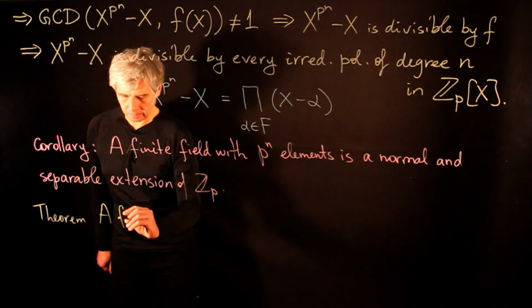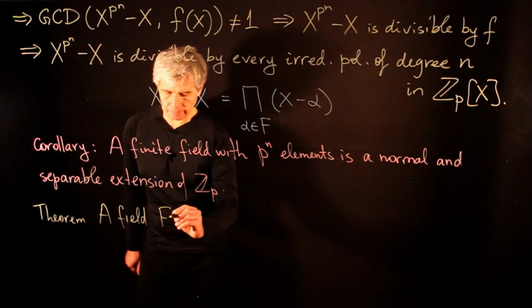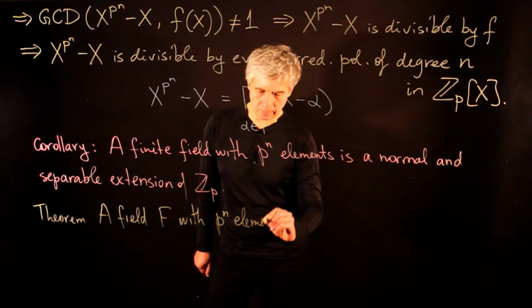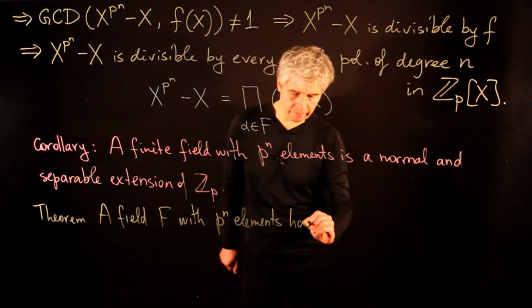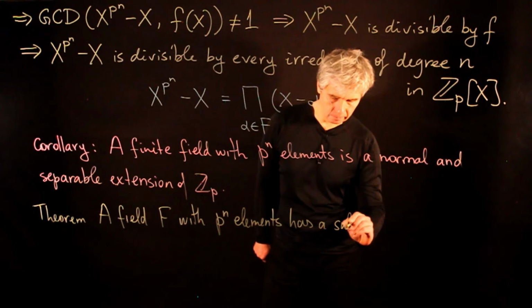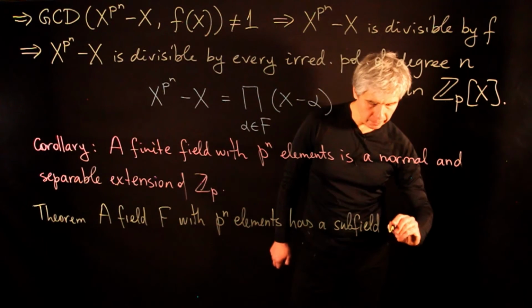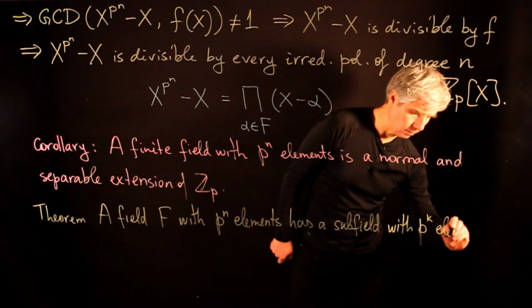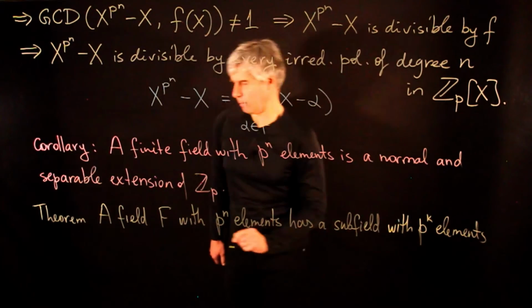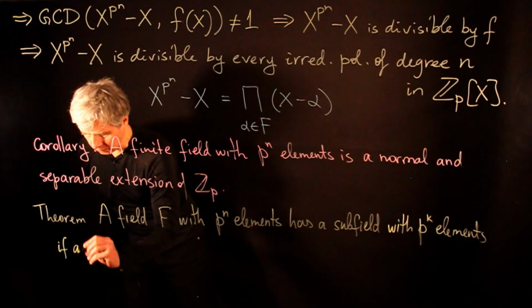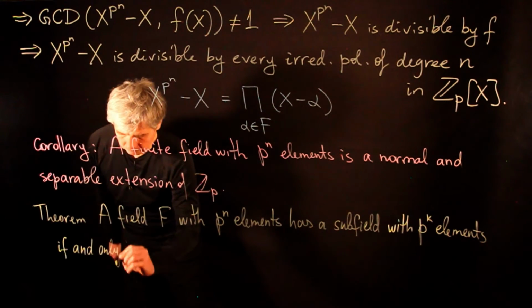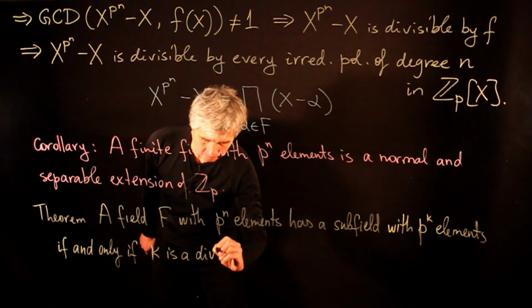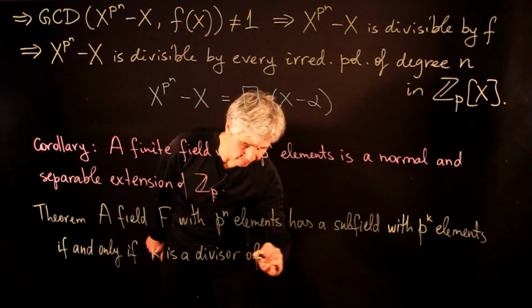A field F with p to the power n elements has a subfield with p to the power k elements if and only if k is a divisor of n.